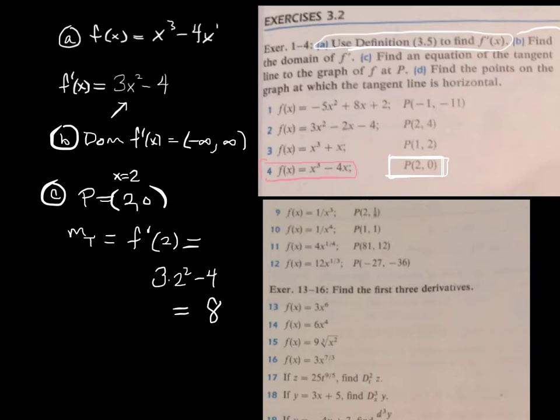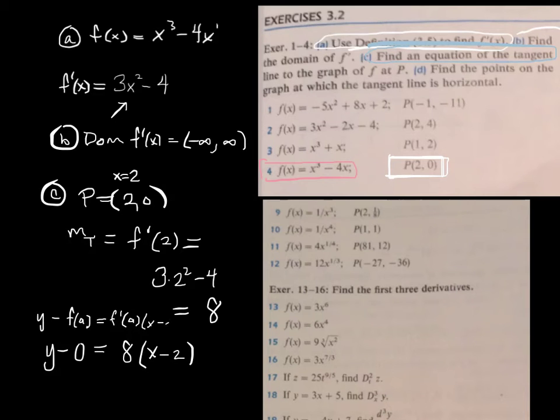So find an equation of the tangent line at the point 2, 0 with a slope of 8. The rest of it is simple. y minus 0 equals 8 times x minus 2. This is just point-slope form, right? So we could say it's y minus f of a equals f prime of a times x minus a, where a equals 2.